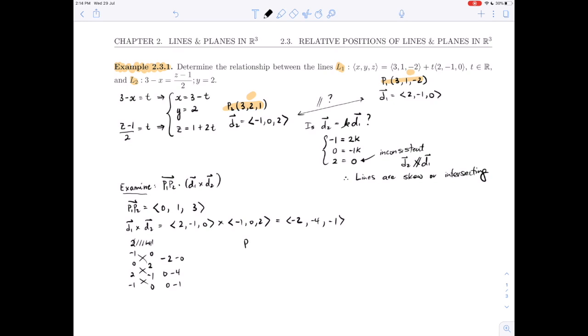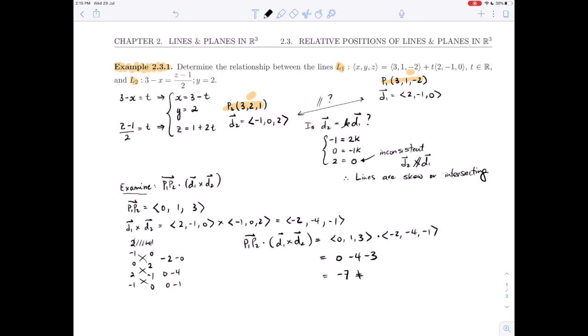So the triple scalar product P1P2 dotted with d1 crossed with d2 is: P1P2 is (0, 1, 3) dotted with (-2, 4, -1), or 0 - 4 - 3, which is equal to -7.